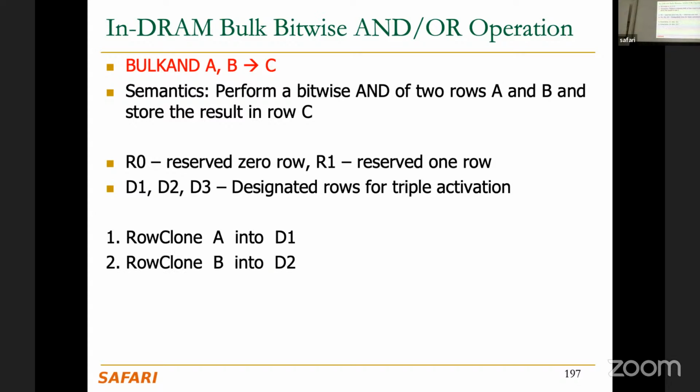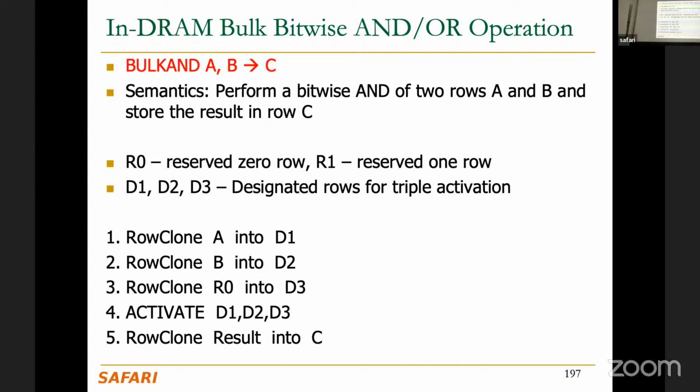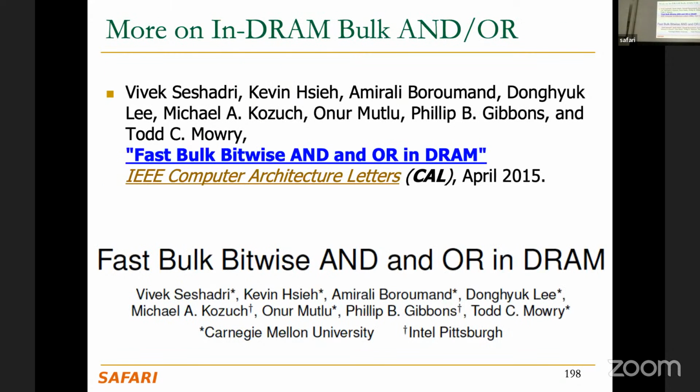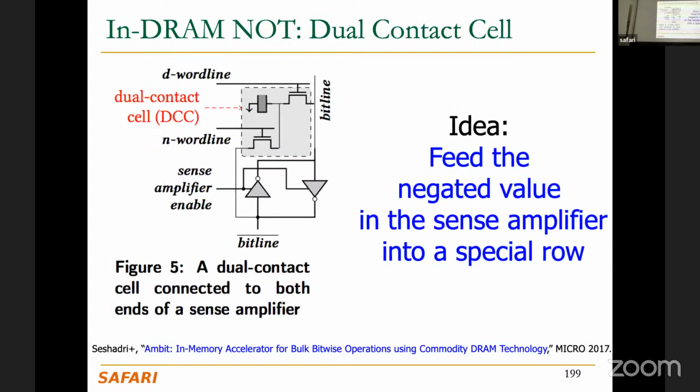The way this is done is that first you copy the rows to some temporary rows, then we activate the rows at the same time, and the result is stored in the temporary row. This was initially proposed in this ISCA 2015 paper, and later elaborated more in this MICRO 2017 paper. So we can do AND and OR operations by doing this triple row activation.